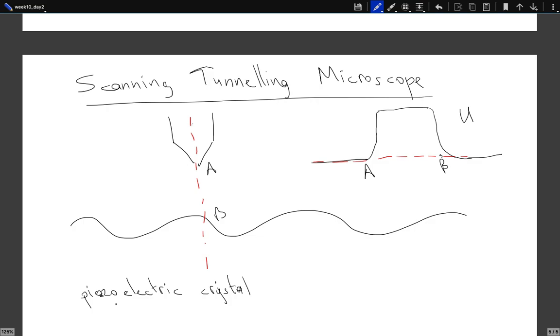Those are the crystals that you also use in lighters. These crystals have a nice property that if you hit them, they create a large electric field so that you get the sparks. For example, in electric ovens, or not the gas ovens, if you go to your kitchen, most of them have this button.